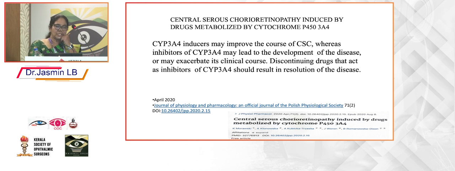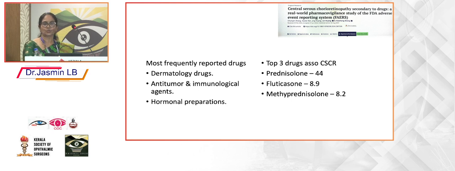So this is a study showing central serous chorioretinopathy induced by drugs metabolized by cytochrome P450 3A4. Cytochrome P450 inducers may improve the CSR, and inhibitors can aggravate the CSR. For example, rifampicin is a cytochrome inducer which we use for CSR treatment. Another study, of the FDA adverse event reporting system, shows the most frequently reported drugs.